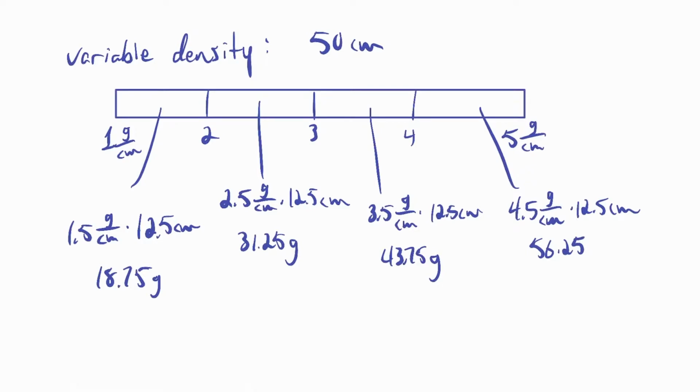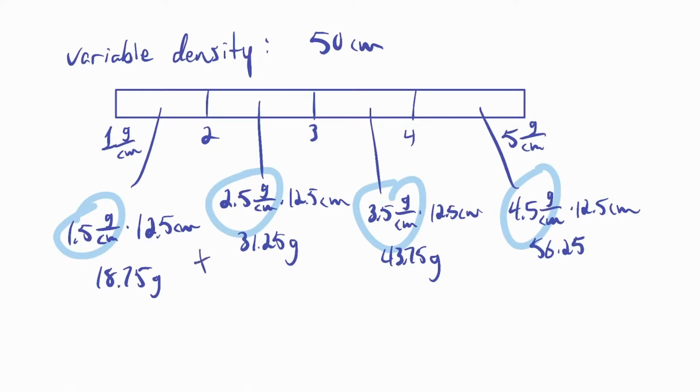Okay. You might have noticed what I could have done is to just add up these values and multiply by 12.5. So I'm going to check this with a calculator real quick. If I add up 18.75 plus 31.25 plus 43.75 plus 56.25, then I get 150 grams.